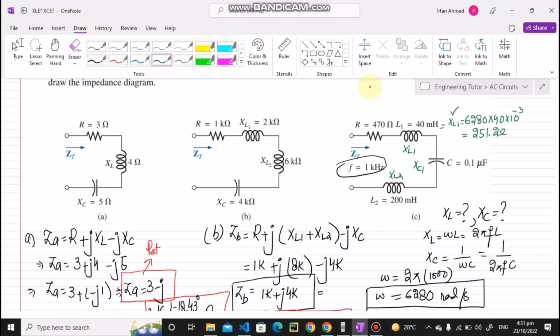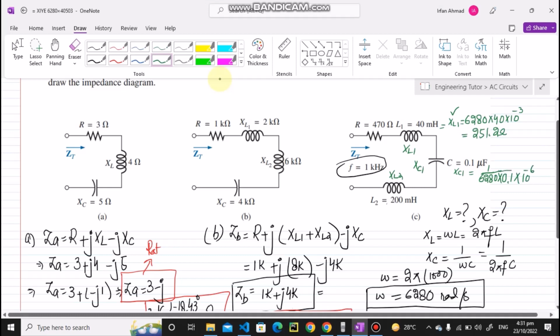Now calculating the value of XC1, I will have omega, 6280, multiplied by the value of the capacitance, which is 0.1 into 10 raised to power minus 6.